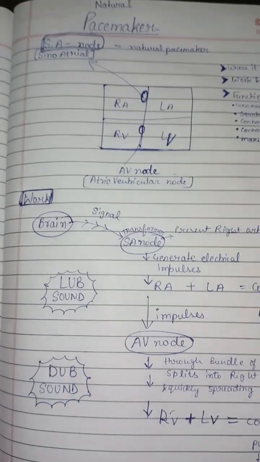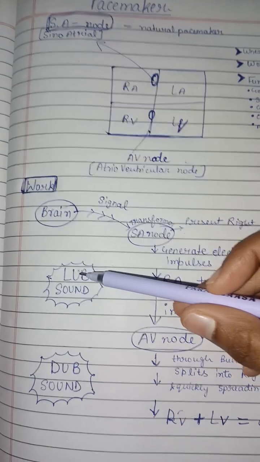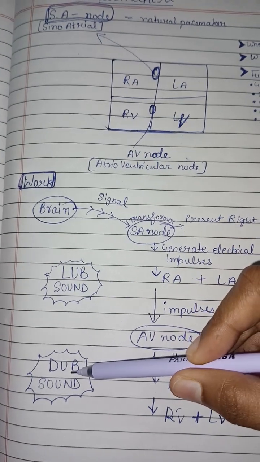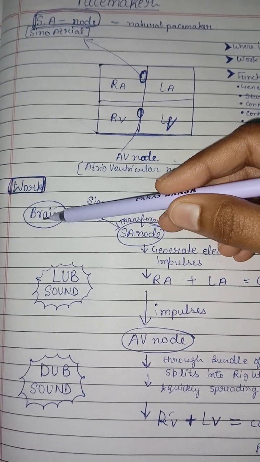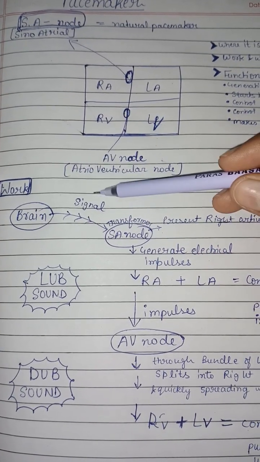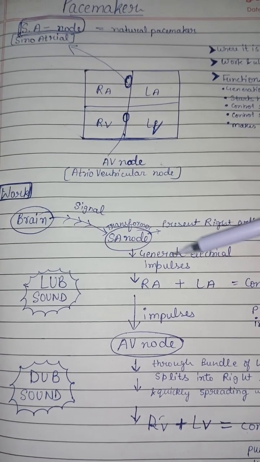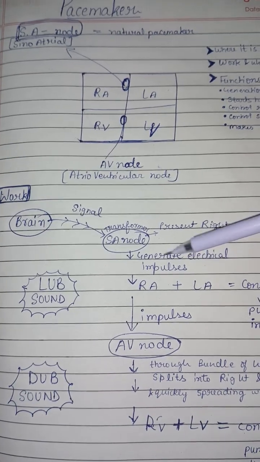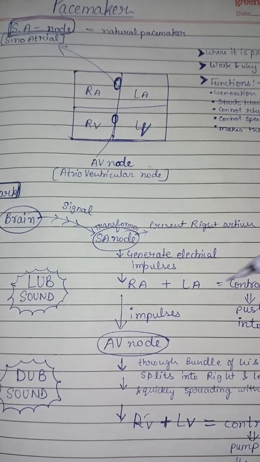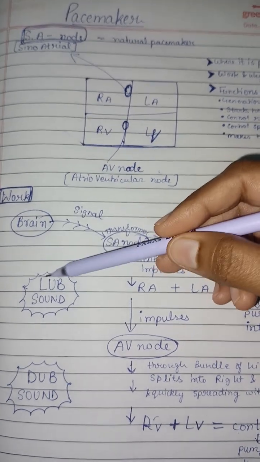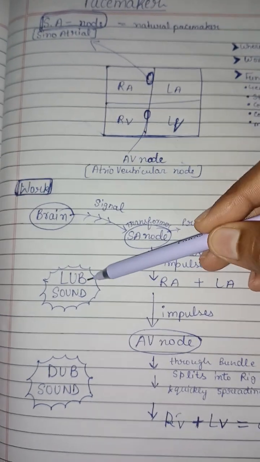We have already studied the lub and dub sounds. When the brain signals the SA node to generate electrical impulses, the right atrium and left atrium contract, which produces the lub sound.